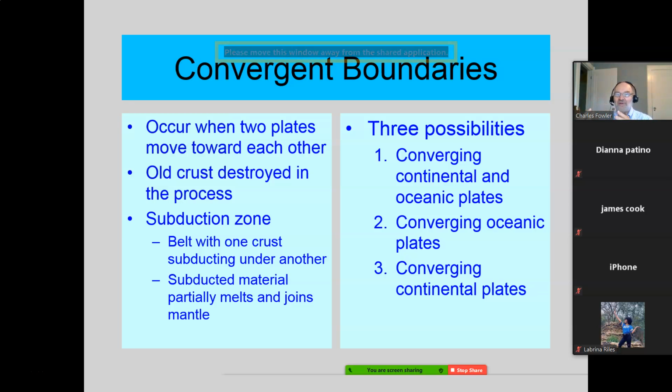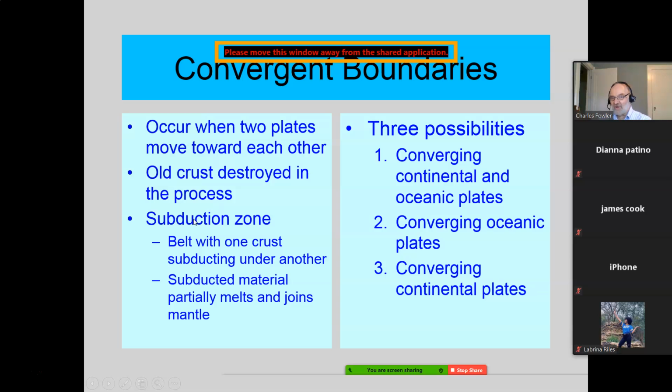Something has to give here. Now, as I said before, there are three possibilities. Two of these have subduction involved. The third one does not. And there the old crust isn't destroyed in the same sense it is here. Here it truly is destroyed.